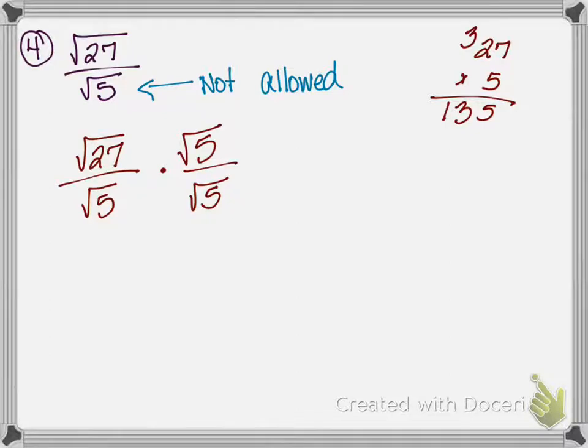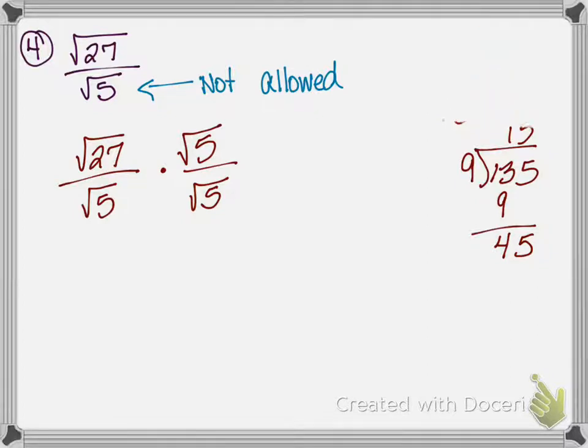Some students may do that. 9 will go into 135. 9 goes into 13 one time. 9 goes into 45 5 times. So 9 times 15 is 135. That is more cumbersome. Let me show you how I would do this problem.